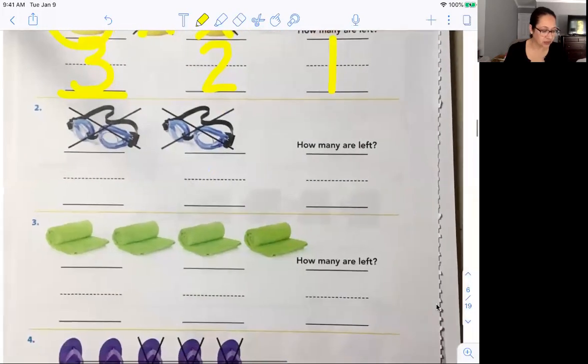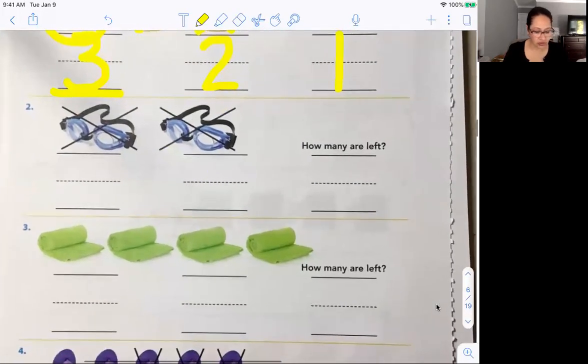Now let's go to number 2. You have, okay, so let's look here. This is kind of like a tricky one, but if you think about it, it's not, because it looks like they're Xing both, but they're really not crossing off both. Well, they are, but you have to make sure that you see how many they started off with first, okay? Don't get confused. You'll see, okay?